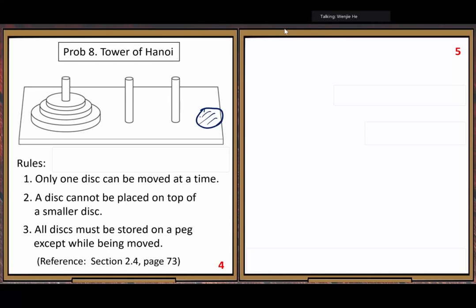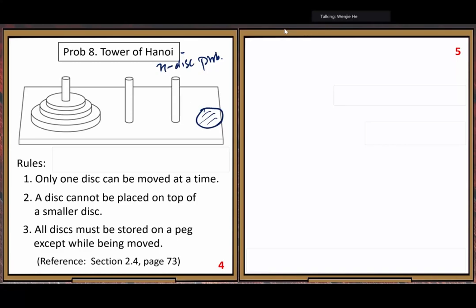We need to solve the n-disk problem for any positive integer n, 10 disks or even 100 disks, you need to give a solution. So that's not easy, right?